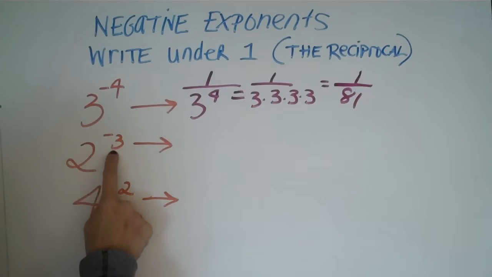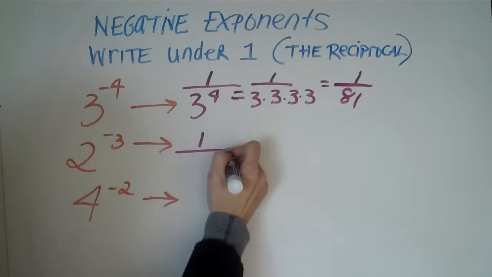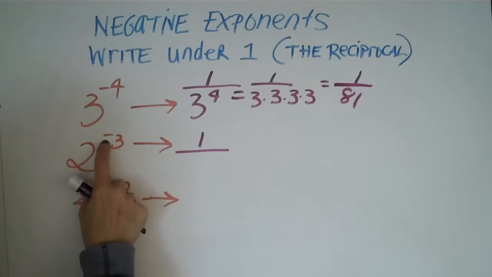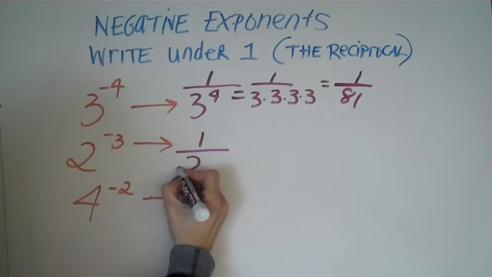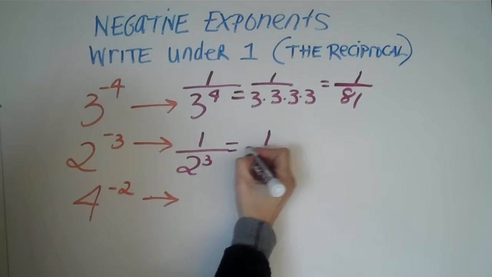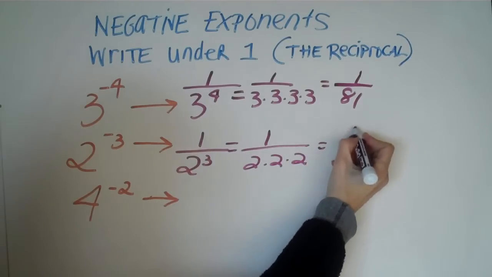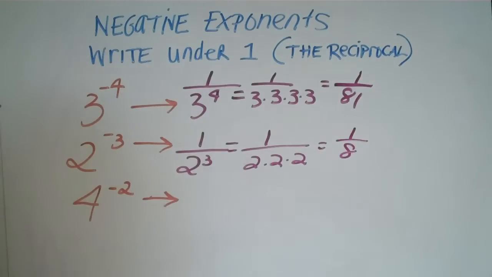So let's try another one. 2 to the negative 3rd power. Again, we want to rewrite that with a positive exponent. So we're going to get the reciprocal by writing it all under a 1. We're going to take this whole thing and leave the negative behind. So it becomes 2 to the 3rd power. And again, what does that equal? That's 1 over 2 times 2 times 2, which is the same thing as saying 1 over 8.